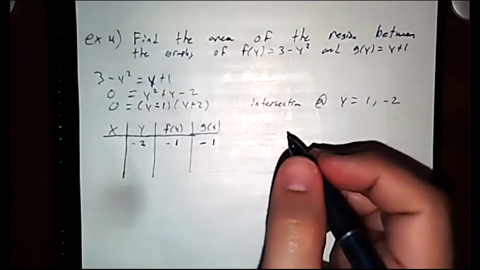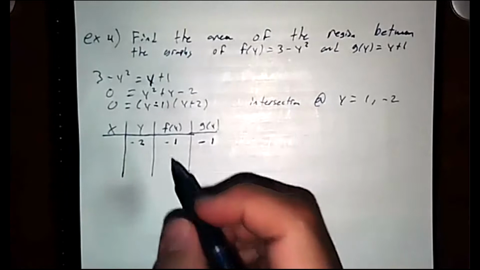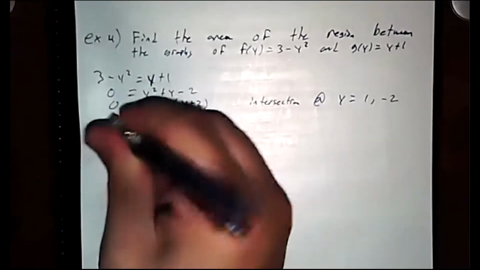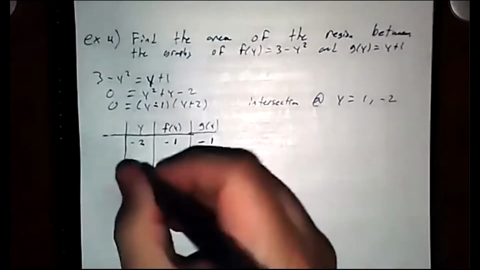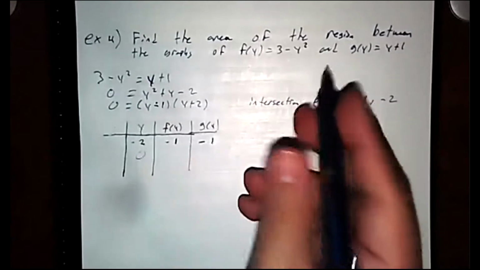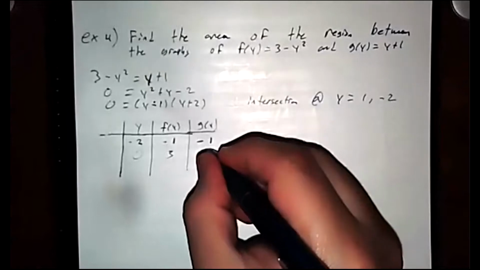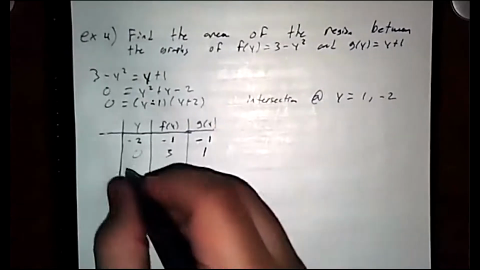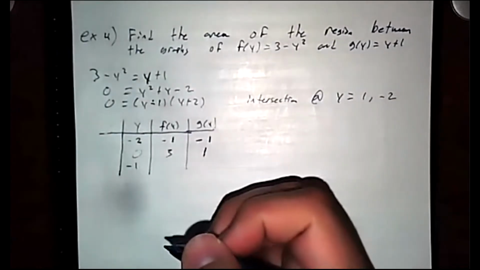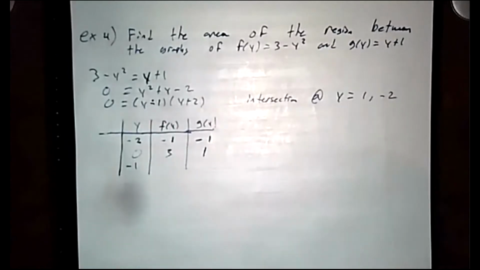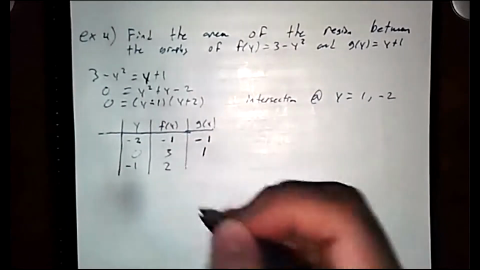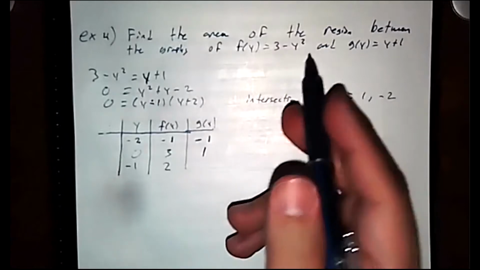All right. I don't need the x there. So I plug in 0 just for fun. I get 3 on the f and I get 1 on the g. Then for negative 1, I get 2 for the parabola.